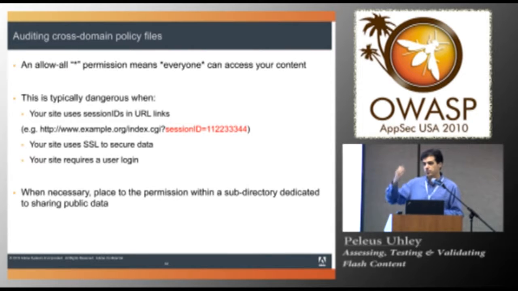You create a directory called public, and then you put the wildcard permission restricted specifically to that directory by putting a specific cross-domain policy file in that directory. That way, you only expose the directory which is public, and you don't expose the entire website. A lot of people will just put star in the root cross-domain policy file, and that's where they run into trouble.